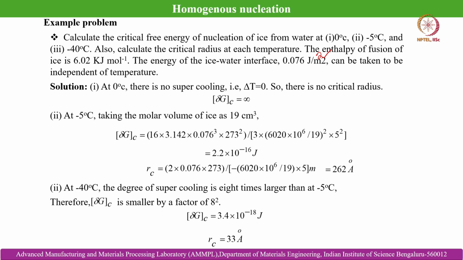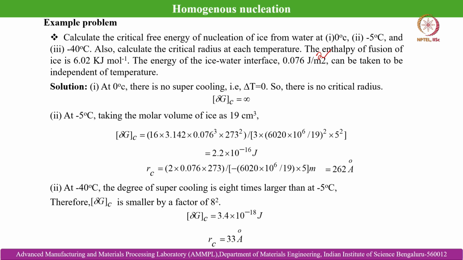Then in the case of minus 5 degree centigrade, there is an undercooling of 5 degree. As we know, the equilibrium water and ice temperature is 0 degree. So, only if we go below 0 does the water to ice transformation take place, so the degree of undercooling varies.